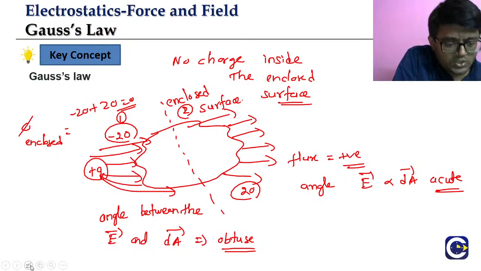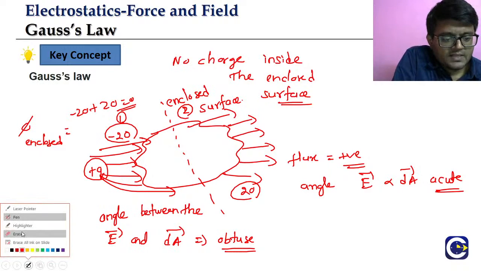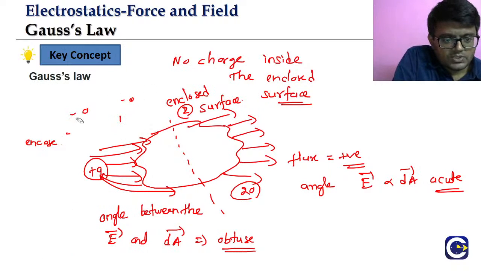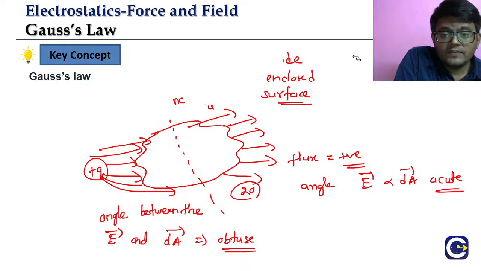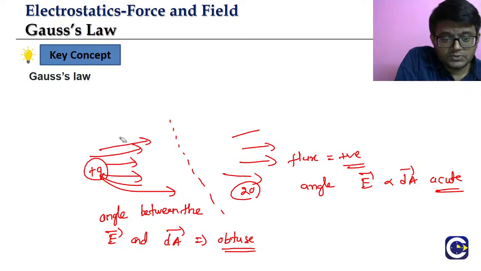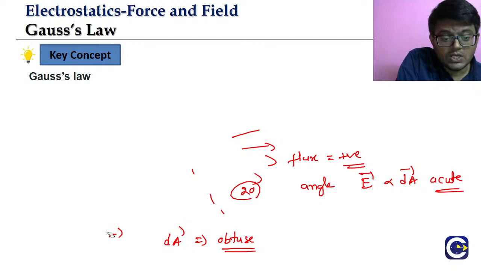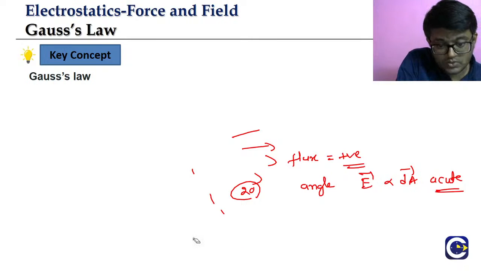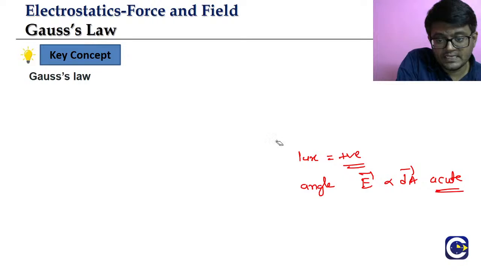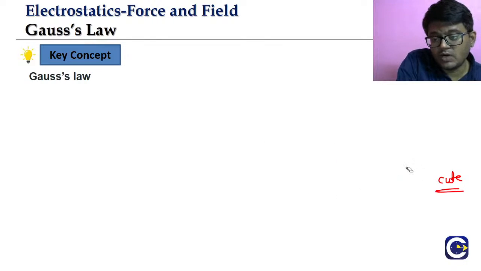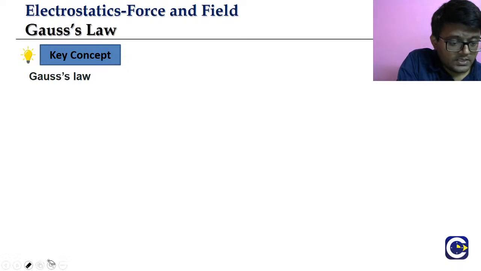So if there is no charge inside that enclosed surface, the flux will be 0. So we have talked about the case of the enclosed surface when there is no charge inside. That is done.